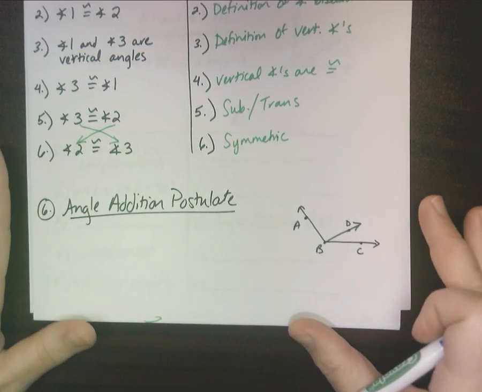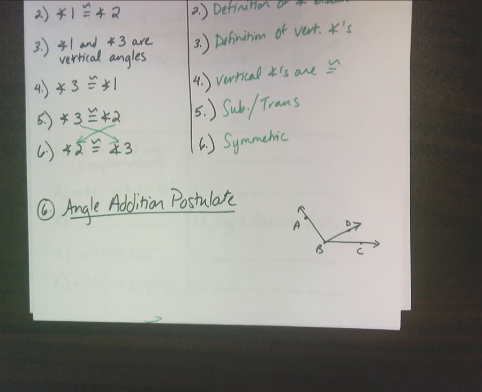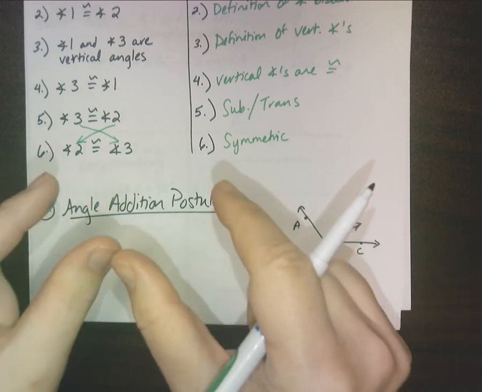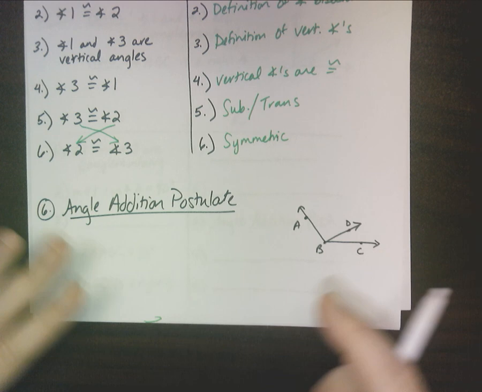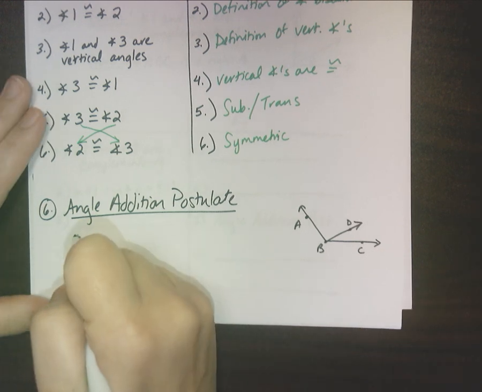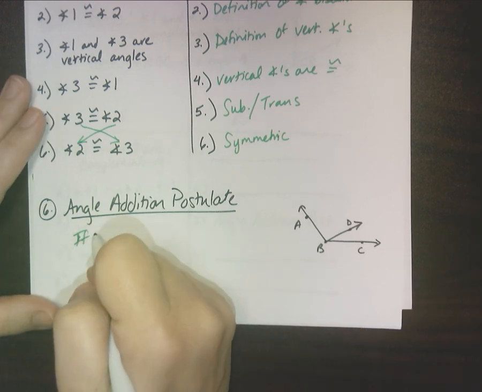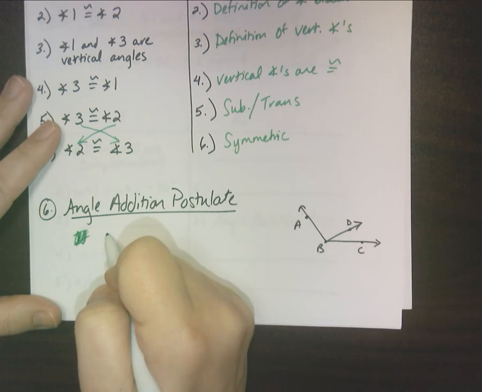Let's talk about the angle addition postulate, very similar to the segment addition postulate. If this little piece and this little piece make a whole piece, same with an angle. This little piece and this little piece make the whole angle. I'm going to use measures.